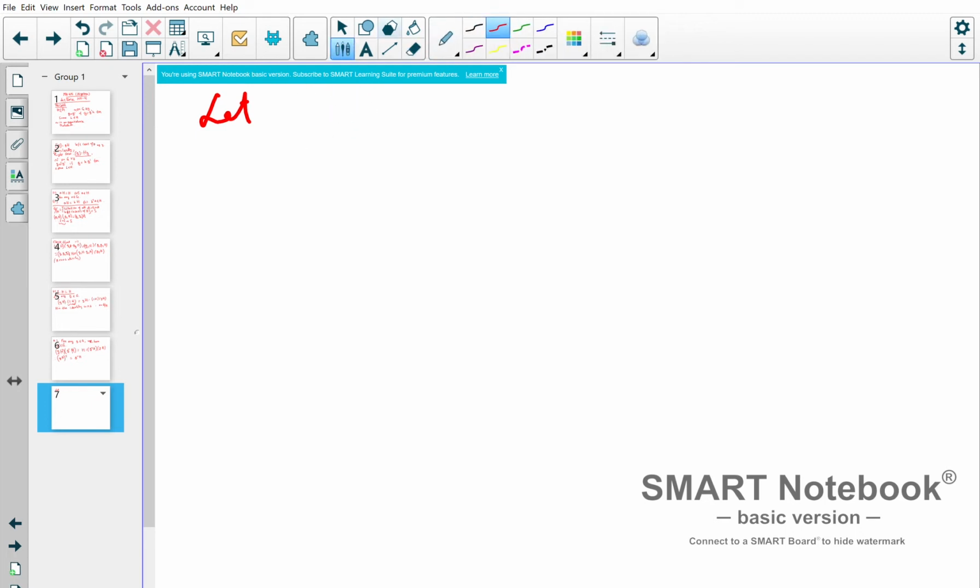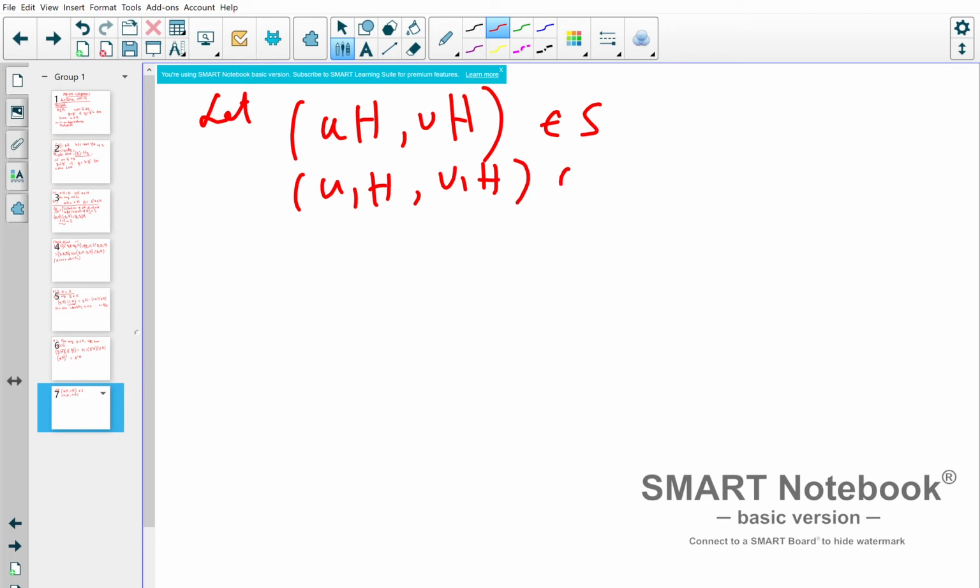You choose, say, (UH, VH), this is one element in S, and also you choose some (U1H, V1H) also in S, such that they are equal.